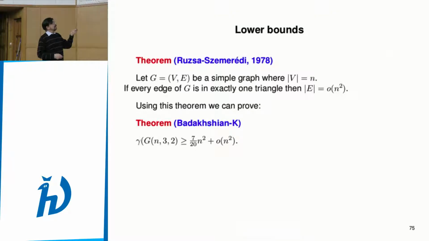And so now we are speaking about a graph only, and the condition is that every edge of the graph is exactly in one triangle. Now we don't have 3-element sets.